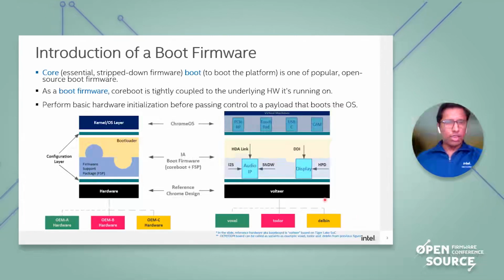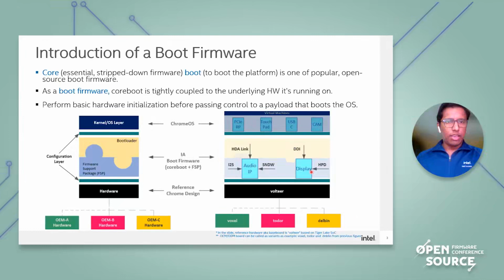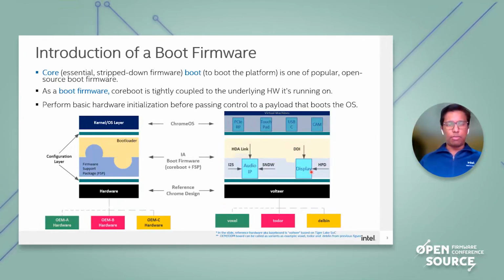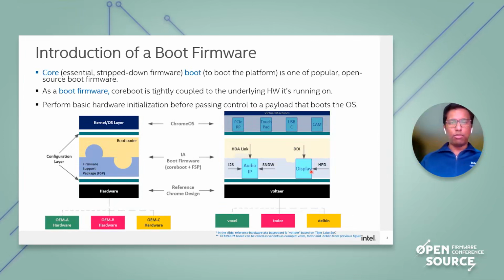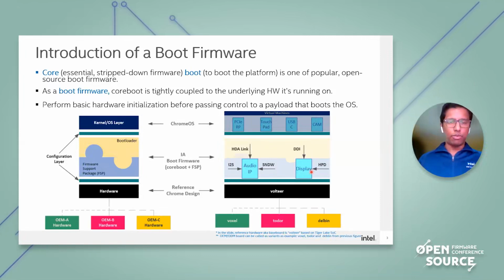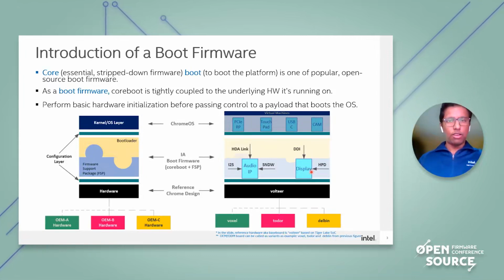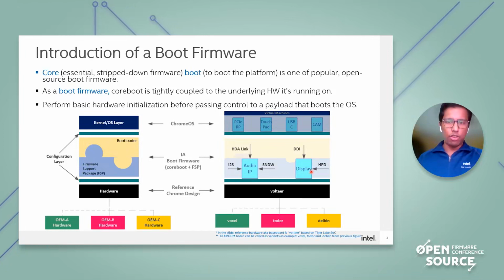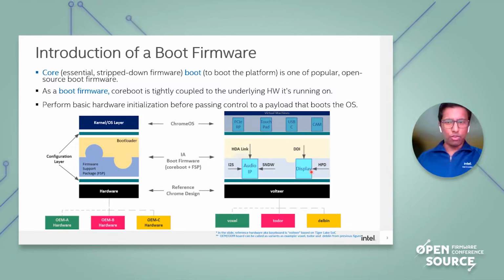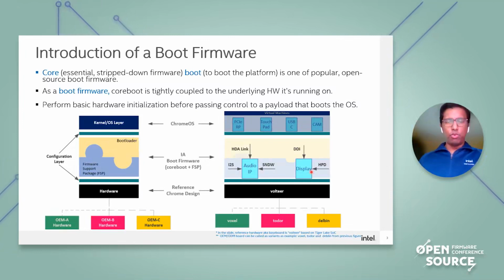This slide will talk about boot firmware, as we are all familiar with firmware. Boot firmware is nothing new to us. It is a piece of code responsible for performing very essential minimal hardware initialization, and its only job is to transfer control to the payload to boot further to the OS.